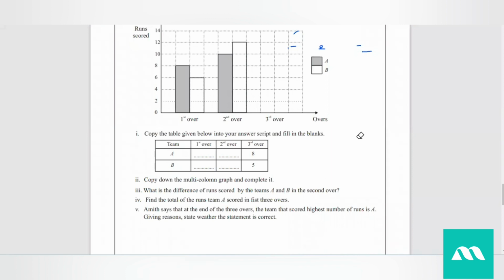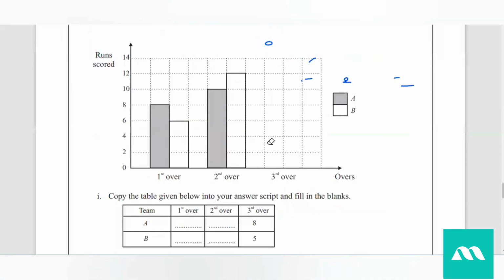Okay, Buddhi, still writing the answer. Finish, teacher. Finish. Okay, then let's see.